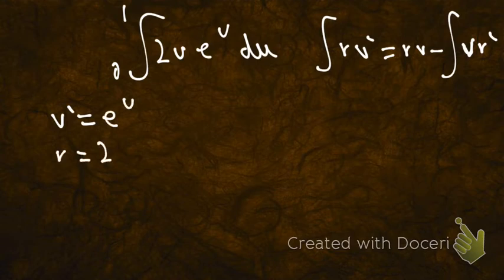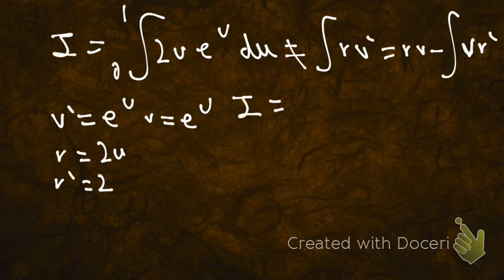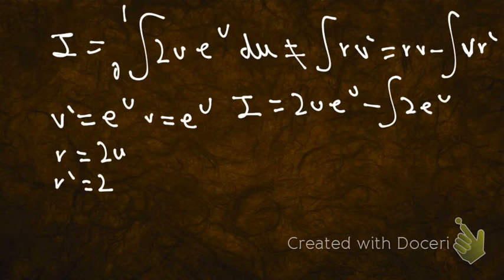So we're going to take r equals 2u, r dash equals 2, obviously, v equals e to the u, so therefore our I is equal to nothing other than 2u e to the u minus the integral of 2e to the u du from 0 to 1.